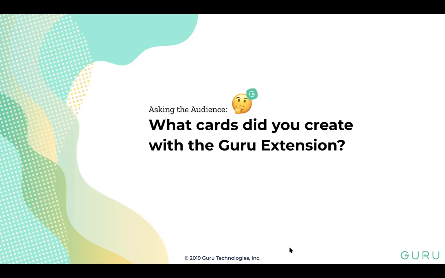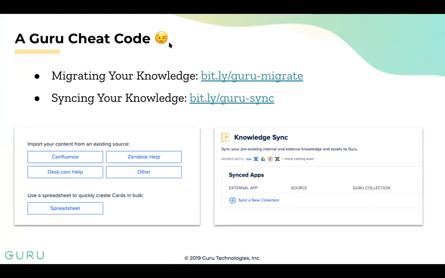Another really good one was putting a canned response in a Guru card and then being able to copy that response over into a Zendesk ticket super easily. That's awesome. Good for you. That's exactly what we're going for. Well, great. Those are some good examples.